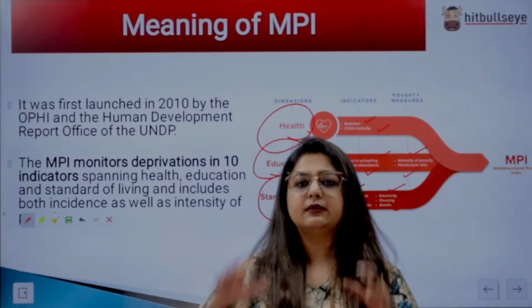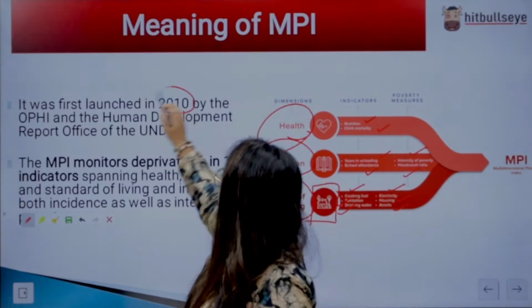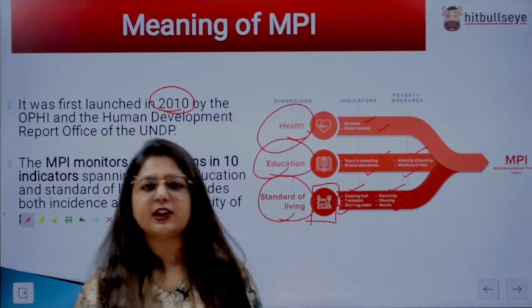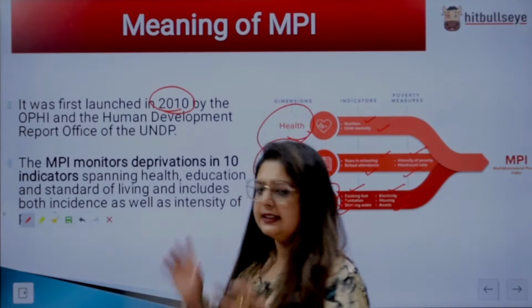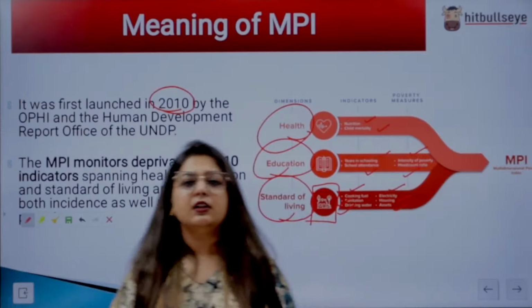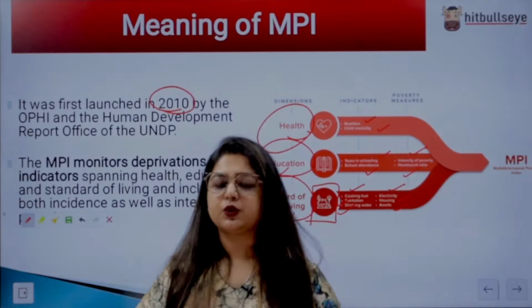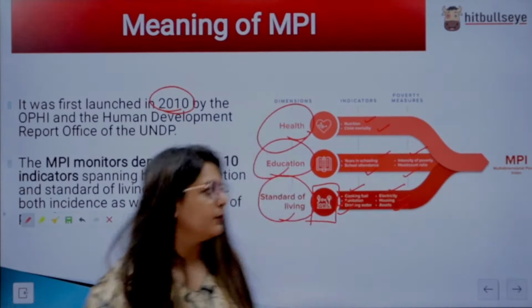So this report was first started in the year 2010 by the OPHI and the UNDP, and since then this report is a check on the overall poverty in the economies.